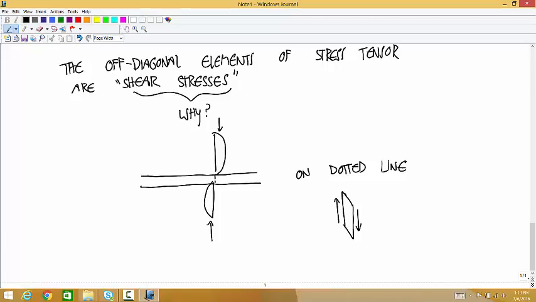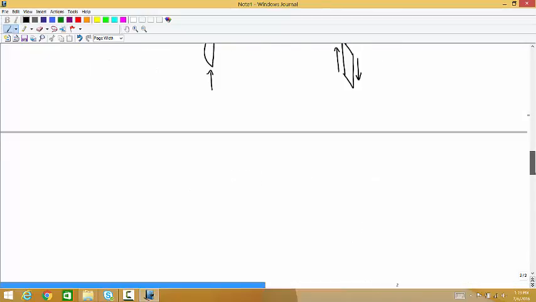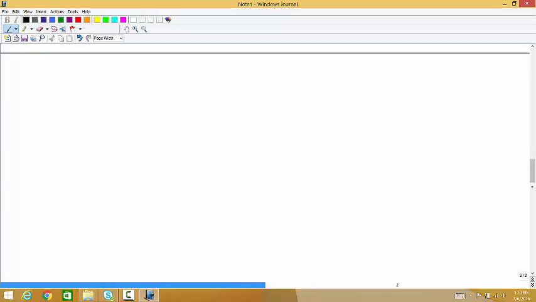Okay, so let's do a couple examples. There's always this correspondence between a stress tensor and this infinitesimal stress element, and if you're given one, you can always go to the other one. So let's say this is the stress element.